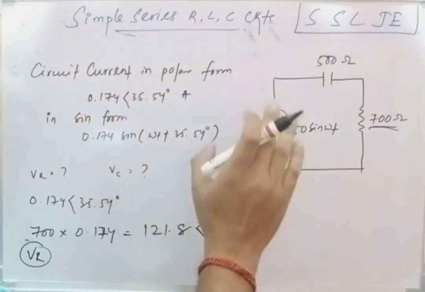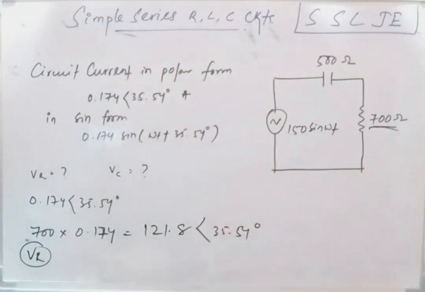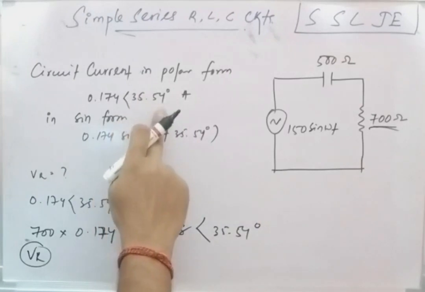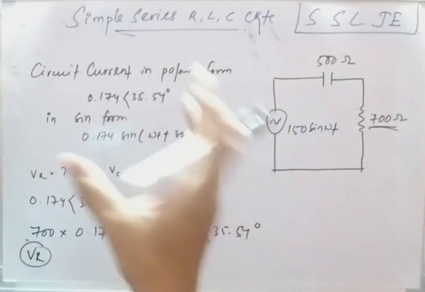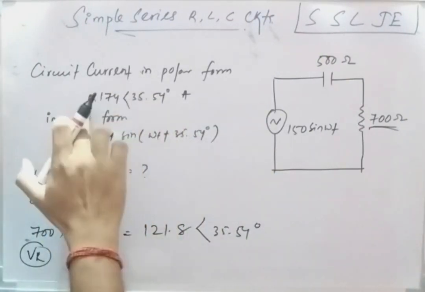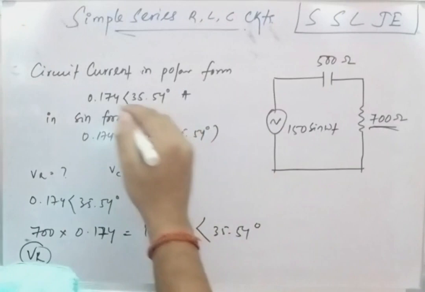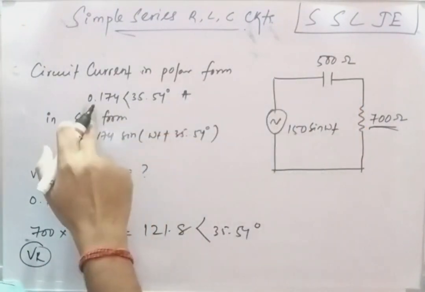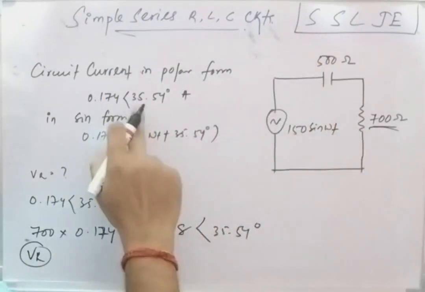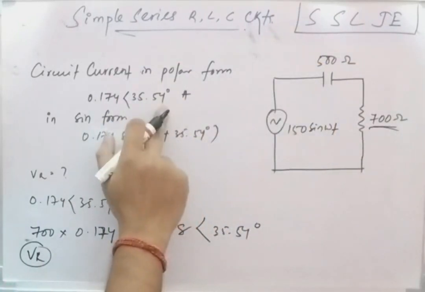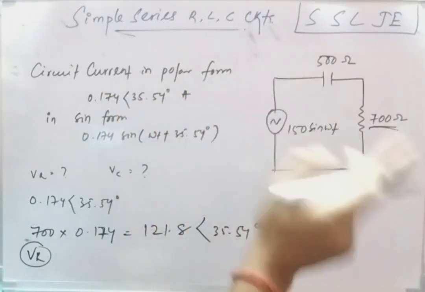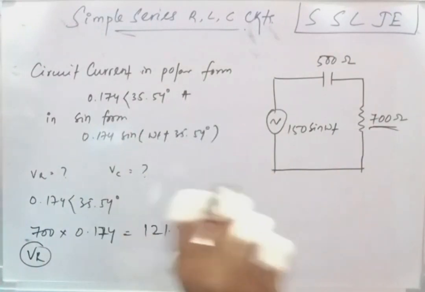So find the phase angle by subtracting 90 degree from 35.54 degree, because we have to take the lag value for the current given 35.54 degree. Just multiply 500 with 0.174 to get the RMS value, and subtract 90 from 35.54 degree to get the phase angle. We subtract 90 degree because voltage lags current by 90 degree in a pure capacitor.